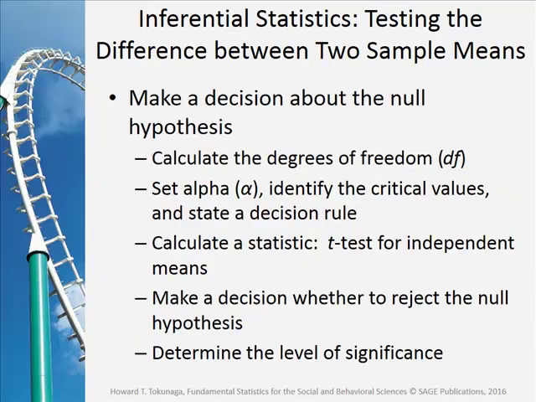Let's make a decision about the null hypothesis. Let's do a hypothesis test. What do we need to remember? Well, there's this thing out there called degrees of freedom. We have to set our decision rule. So how much probability do we want in the tails? We always want 0.05 in the tails. We're going to calculate our test statistic. Most likely it'll be a t-test. T-test for independent means.